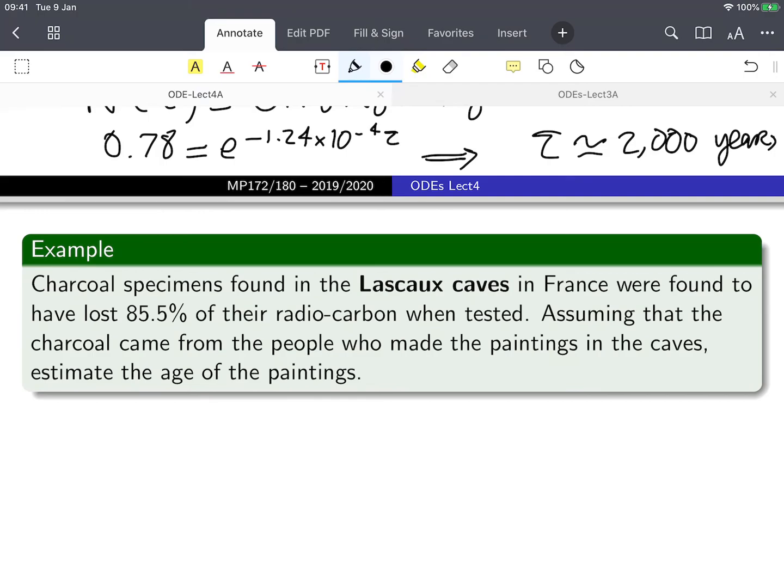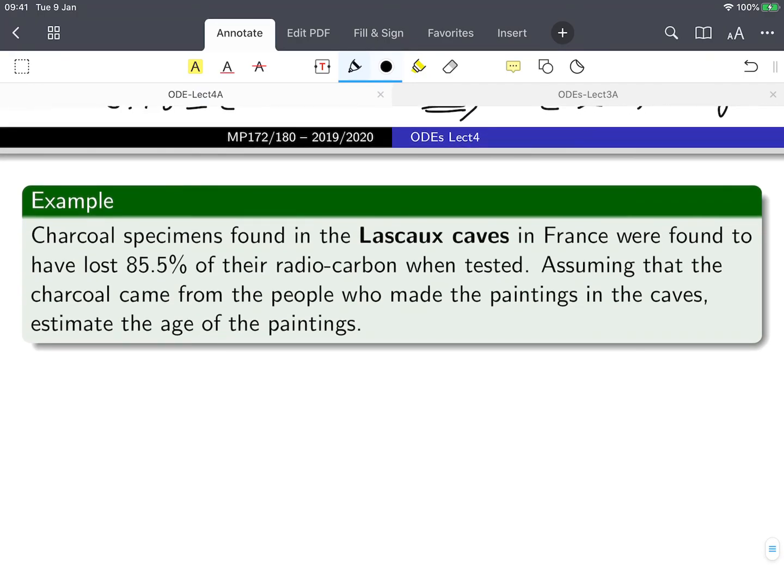I'm wrong, going too fast. In the caves, estimate the age of the paintings. Okay, so I'll let you do that. It's basically the same exercise, except now it's not 22%, it's 85.5%.